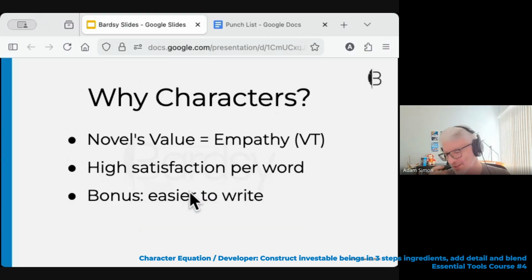So why characters, right? We have 5 elements to story. Today, we're going to start off with character. Sequence is important. Why did we pick this one to go first? Well, one of the primary deliverables of your novel is the empathy you create between the reader and the main character.